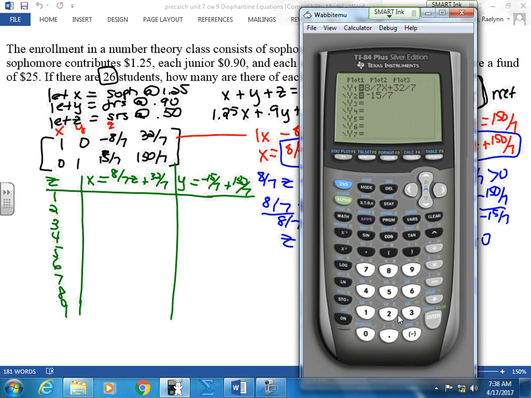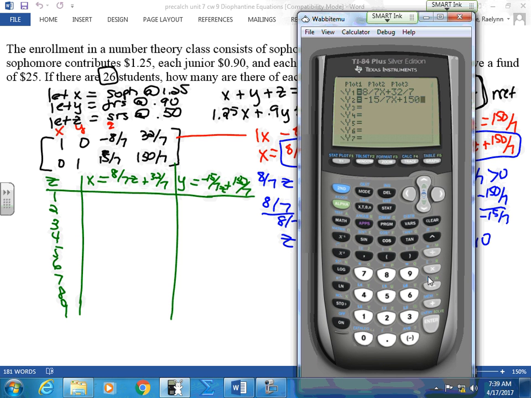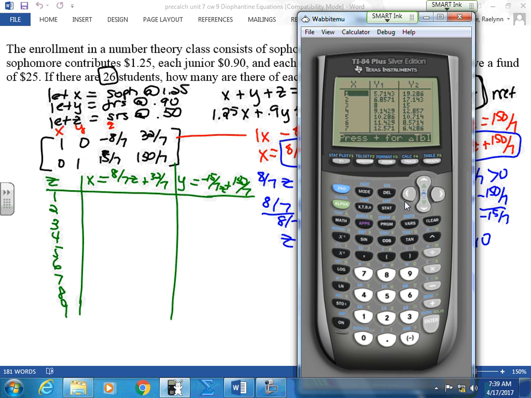That's a Z. Sorry. Okay, so the graph we don't care about. What we care about is your table. So we're going to go to your table, and we're going to pull up from 1 on down.